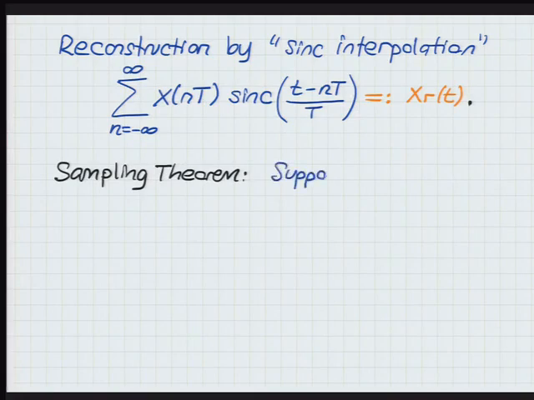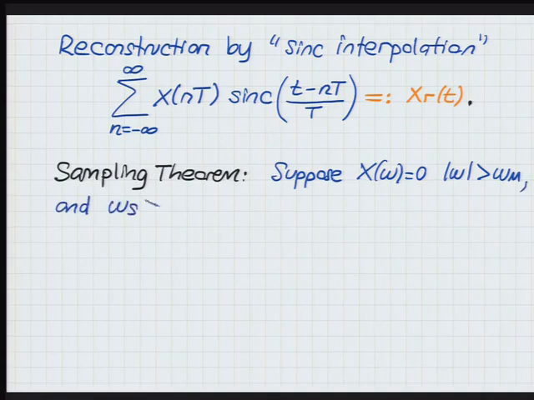Suppose x is band limited, meaning X of omega is 0 above a certain frequency, which we denote as omega_m. All right. And we choose to sample at a rate that's bigger than the bandwidth, 2 times omega_m. All right?